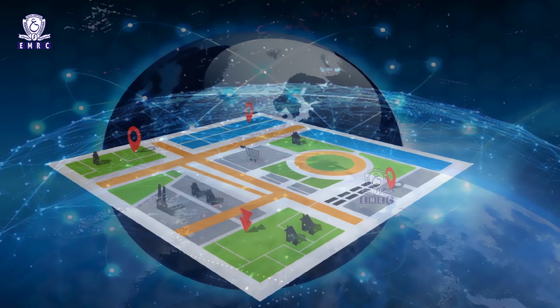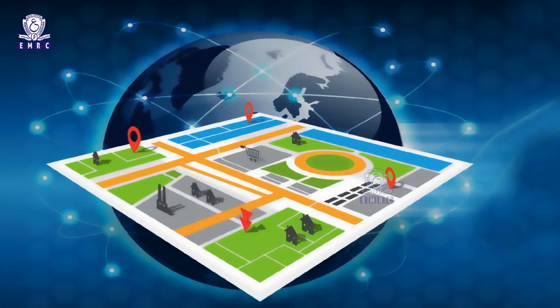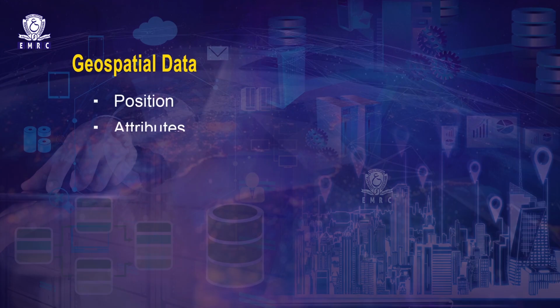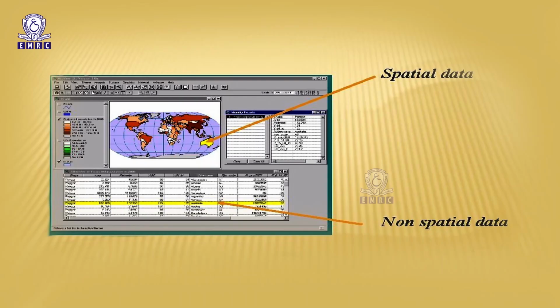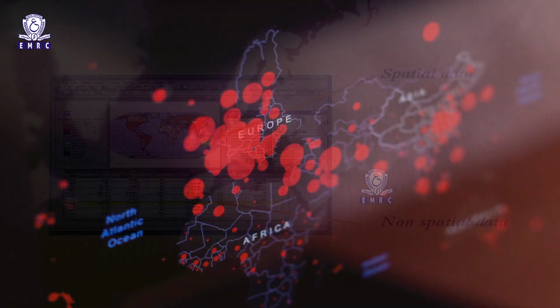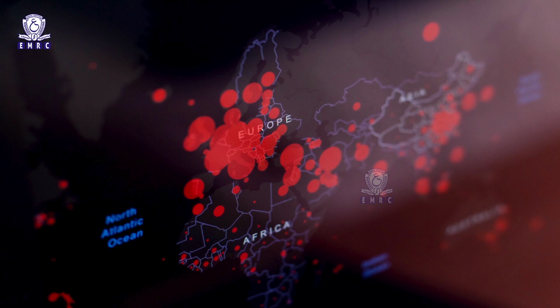Generally, geospatial data have three major components: position, attribute and time. Attributes are often termed thematic data or non-spatial data that are linked with spatial data or geometric data. An attribute has a defined characteristic of an entity in the real world.